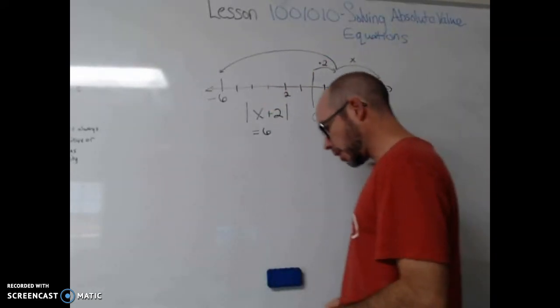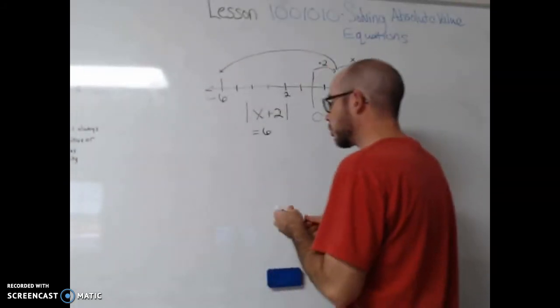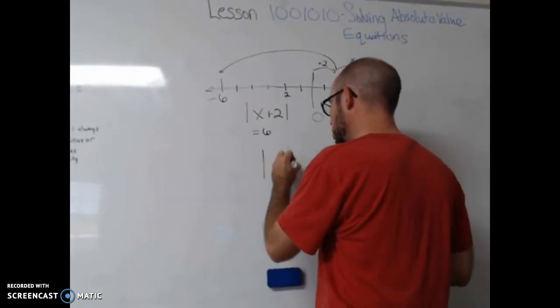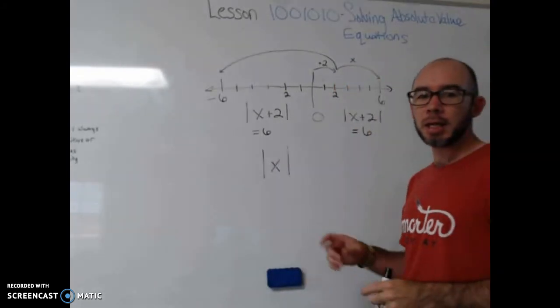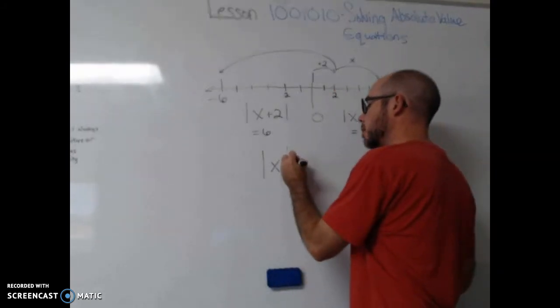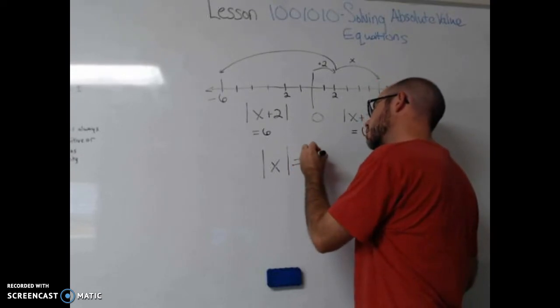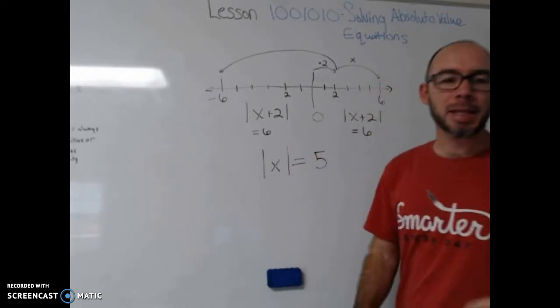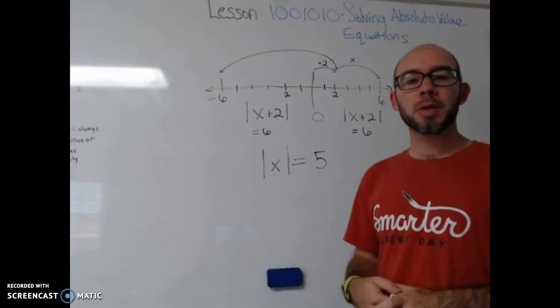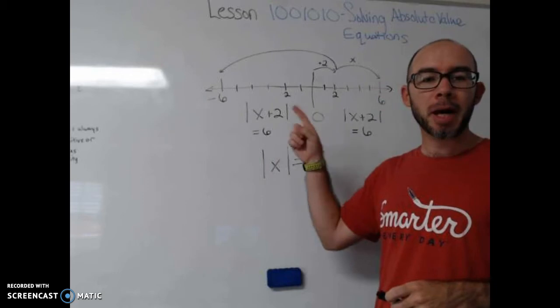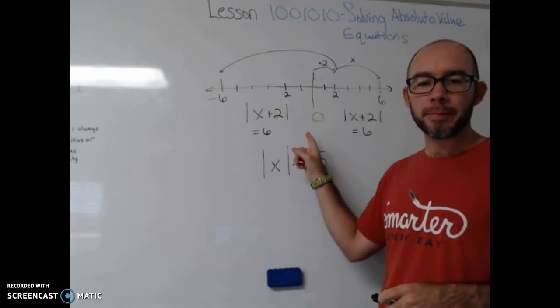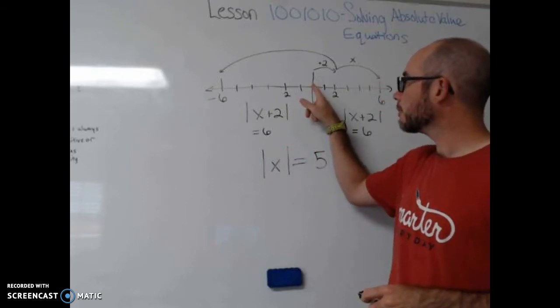Absolute value comes with these little fancy bracket things. Something's inside of it. And these are not just expressions, these are equations. And, as you know, absolute value just means how far away am I from the origin, from 0 on the number line.